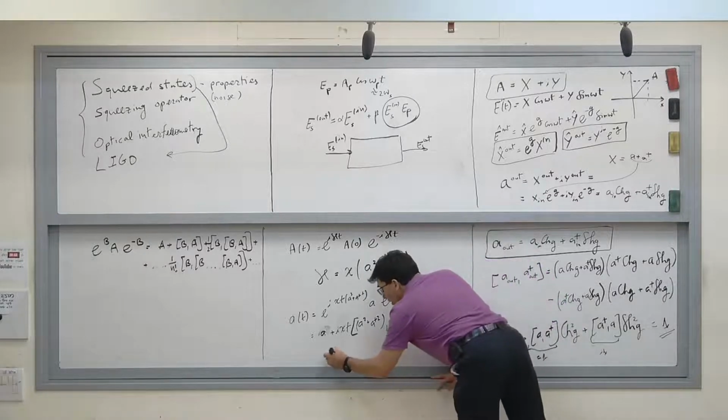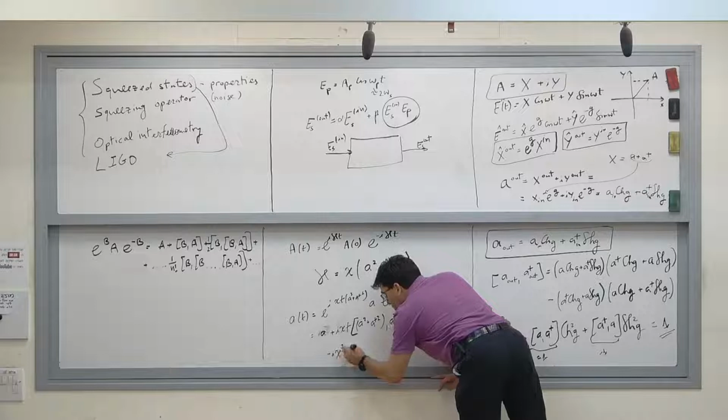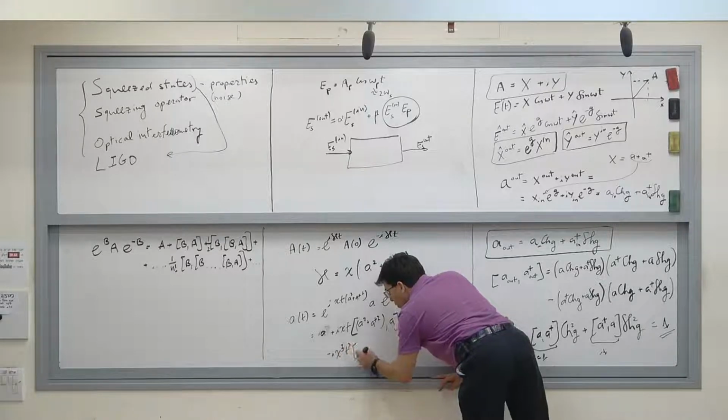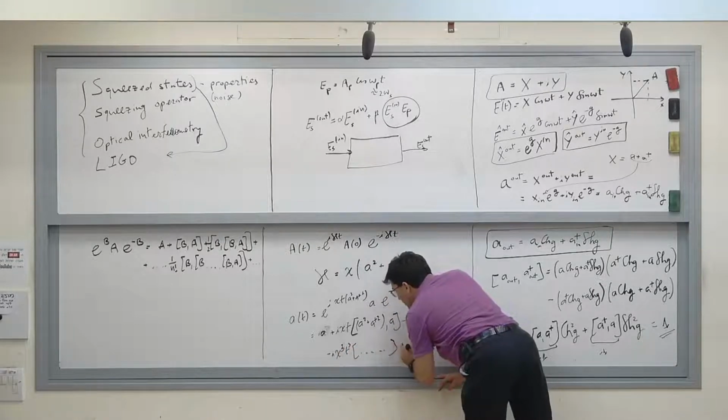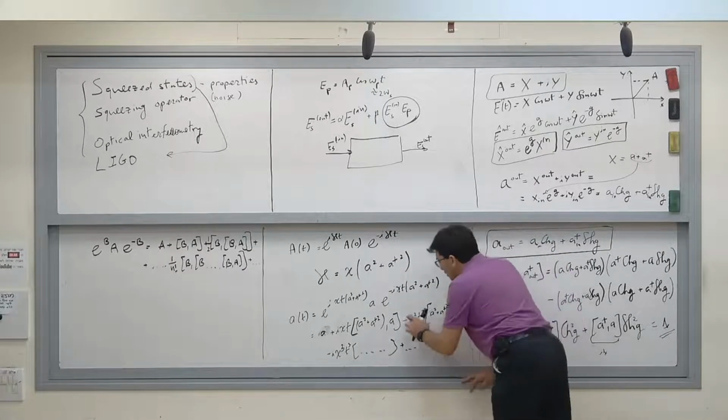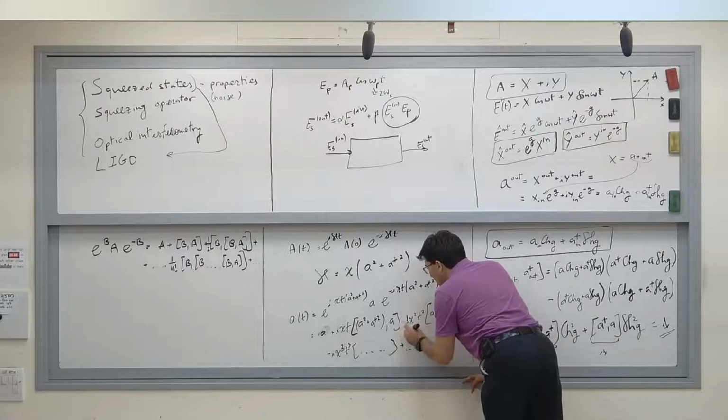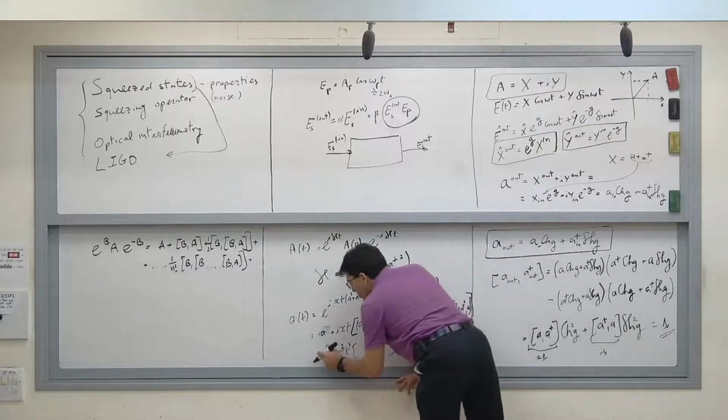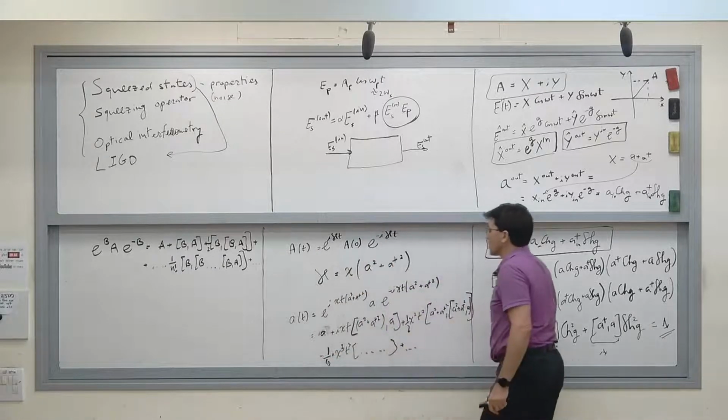And here there will be minus i chi to the third, t to the third times the commutator, and so on. And we're missing a few factors, so there's a half, and here there's a minus 1 over 6, and so on.